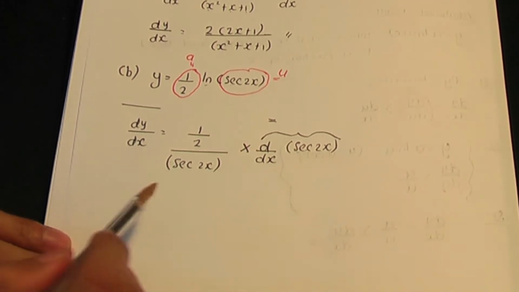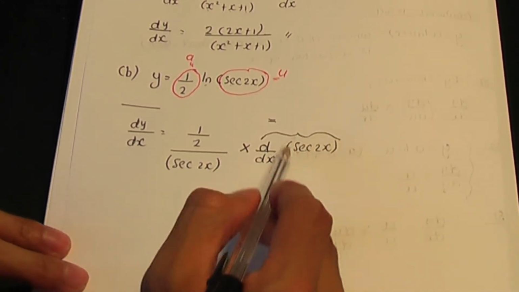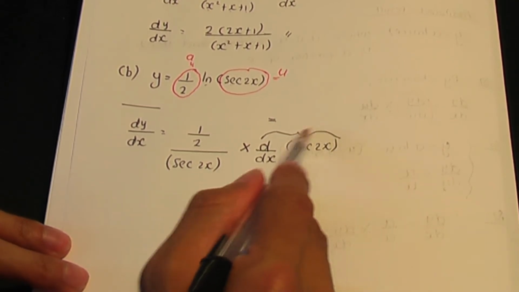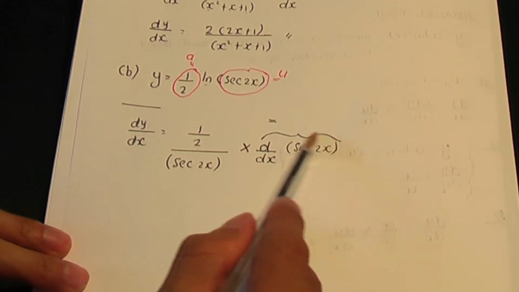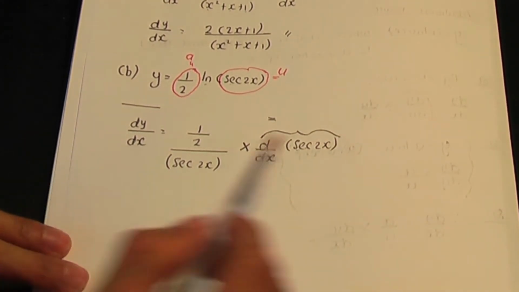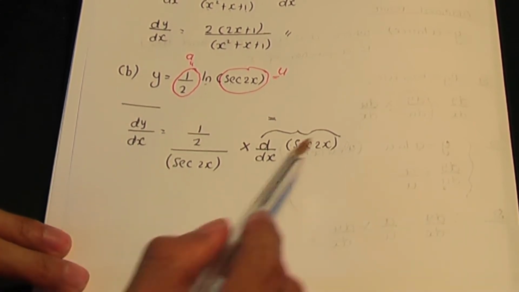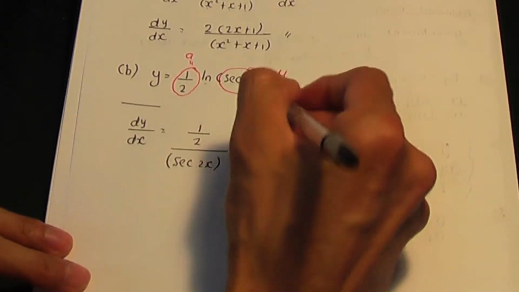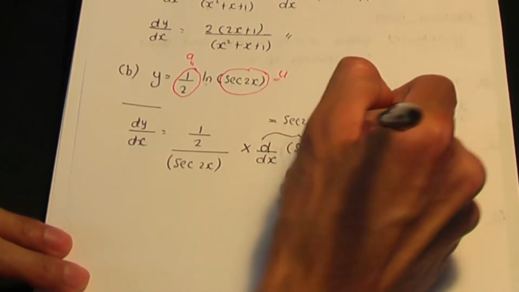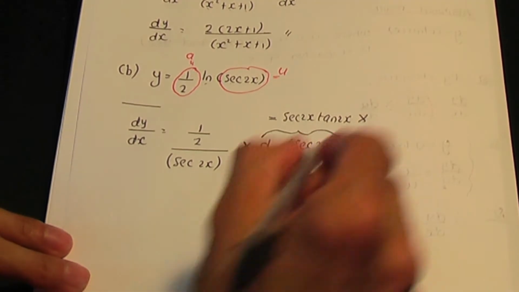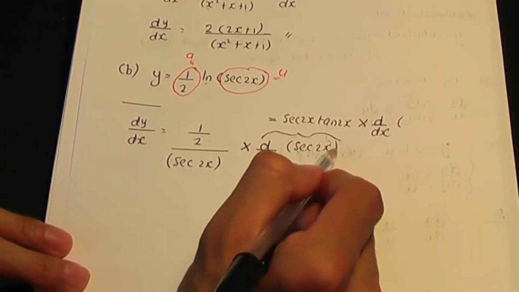The term in front of sec is 1. 1 is a constant, so we can use the chain rule related result for trigonometric functions. The derivative of sec is sec tan, so it's going to be sec 2x tan 2x multiplied by d by dx of the 2x.